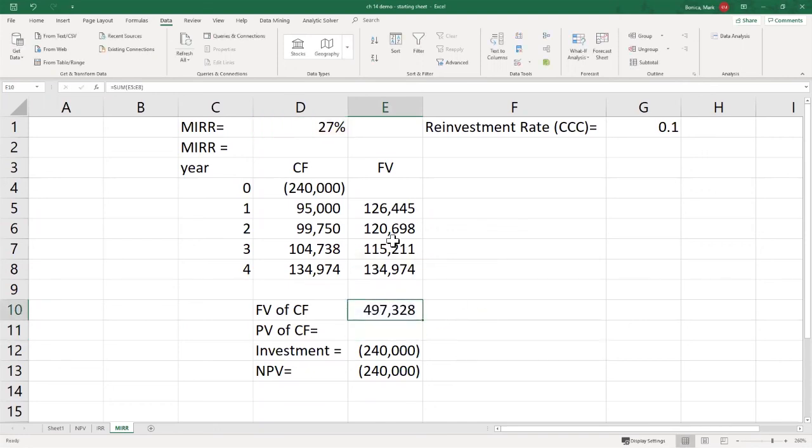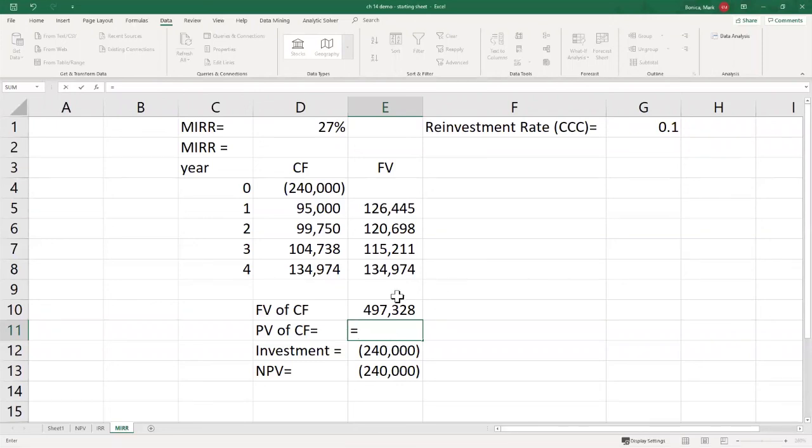Okay, so I've summed up the future values, right? 497. I'm going to now take this 497 and discount it so that it is equal to 240,000, so that when I add it to minus 240,000, my NPV will go to 0.